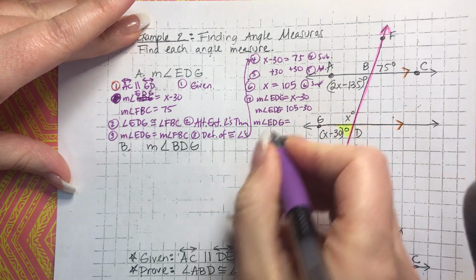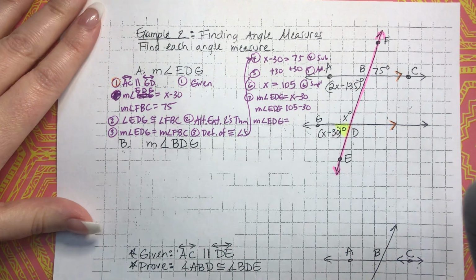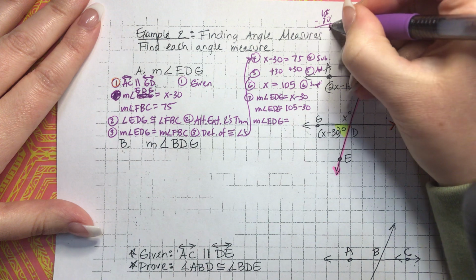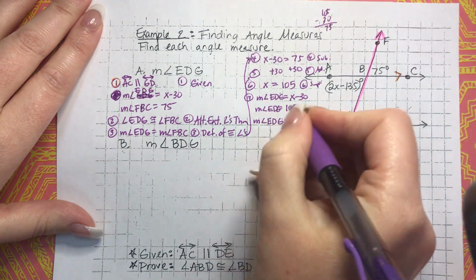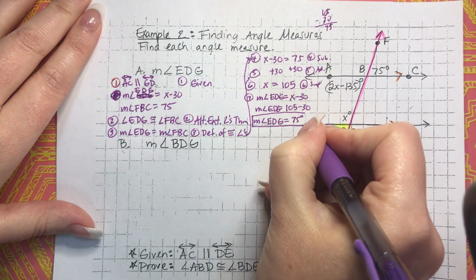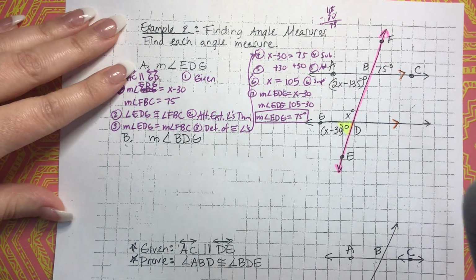What is 105 minus 30? That would be 75. So 75 degrees. There is our answer. Okay, that's A.